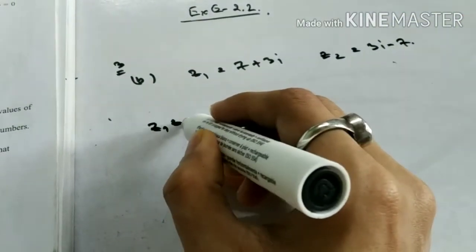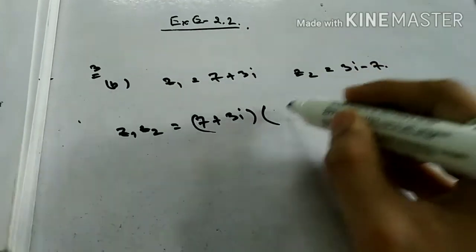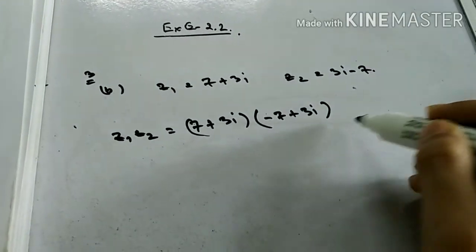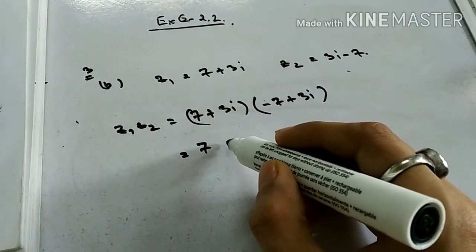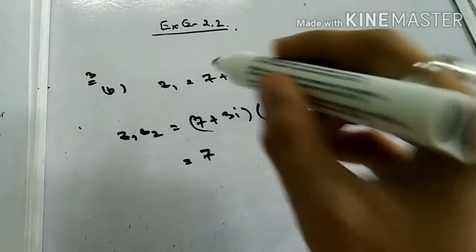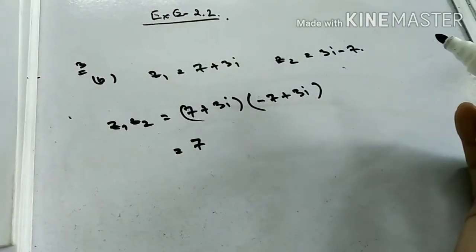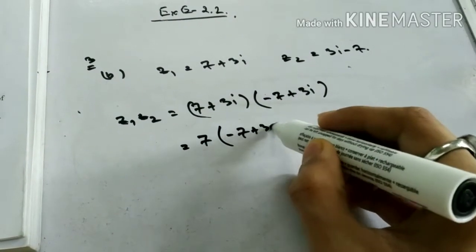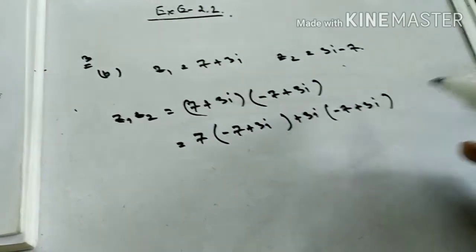So first of all I will find z1 into z2. So 7 plus 3i into this, I can write it in this way, minus 7 plus 3i. Okay, 3i minus 7 or minus 7 plus 3i. Let's multiply it. If I write this as 3i plus 7 and this becomes 3i minus 7, then I can directly say a square minus b square formula. Okay, no problem, in here let me multiply it. Minus 7 plus 3i times minus 7 plus 3i.